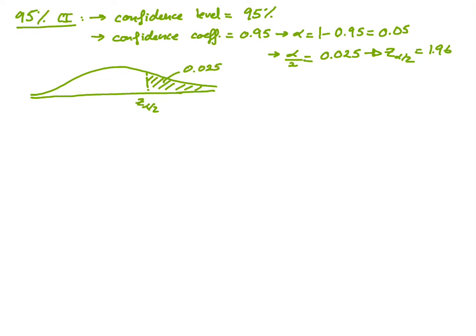That means that the area to the left of the z value is 1 minus 0.025, which is 0.975. So the idea is you go into the standard normal table, look for 0.975 in the interior, and trace it horizontally and vertically to get the z-score. So let's go ahead and do that.